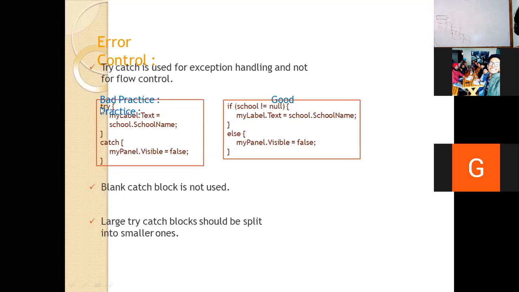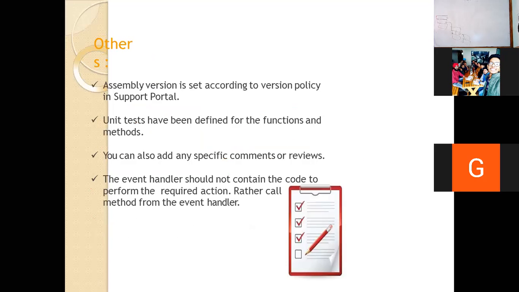If you are using it for control flow, that will be a bad practice, and you can use it the other way for good code. This is a good methodology of writing code. You can mark where there is a good or bad way of writing the code. Assembly version set according to version policy support quota. Unit test has been defined for the function. You must write where the code should be unit tested and where the code should be integration tested in your code.